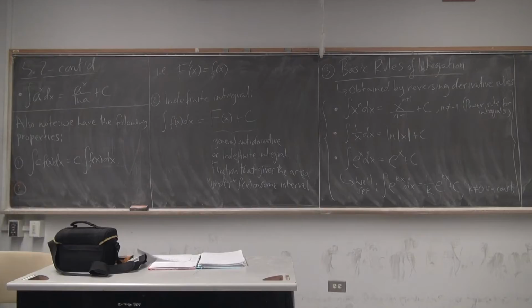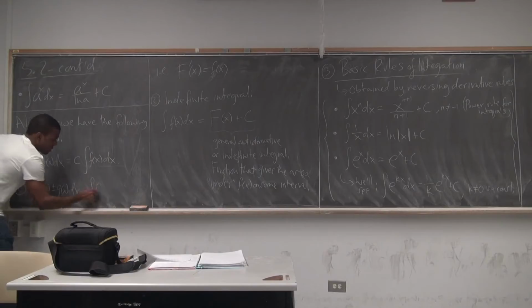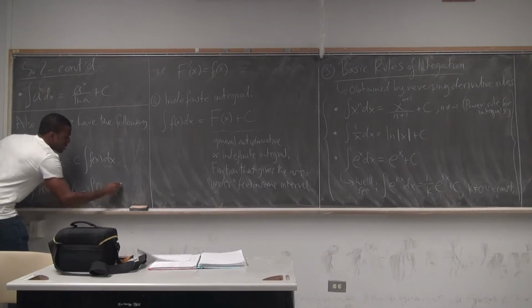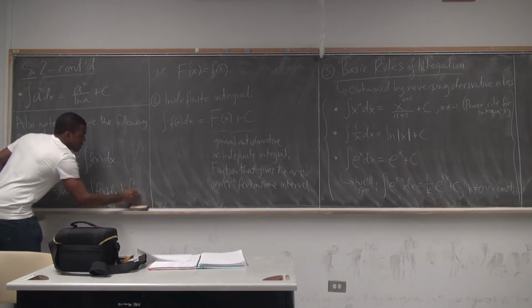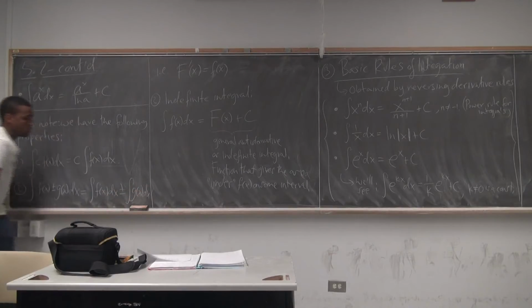We also have a sum rule. If I have the integral of f of x plus or minus g of x dx, I can integrate one at a time. So that's the integral of f of x dx plus or minus the integral of g of x dx. And we'll be using that.